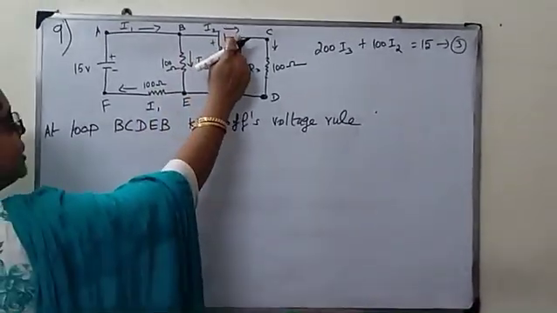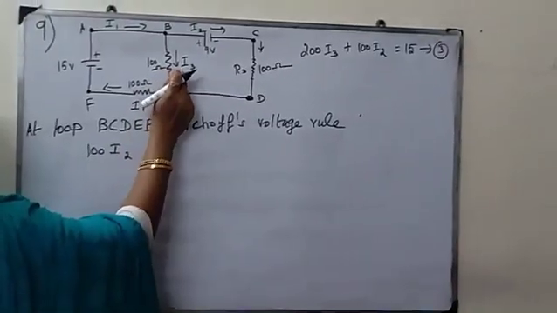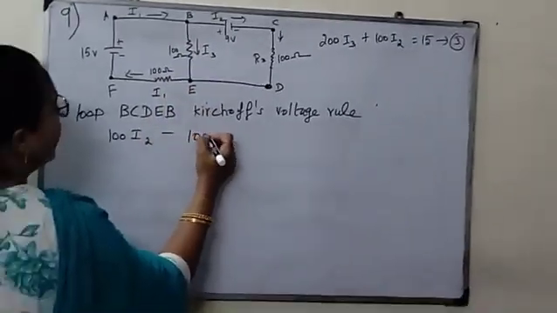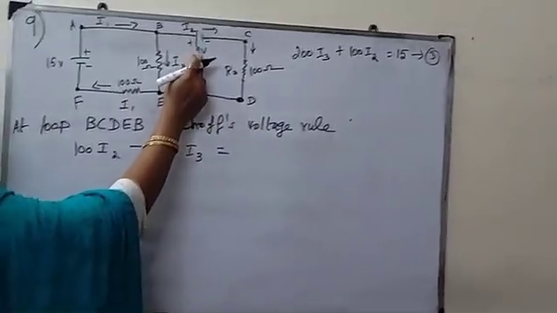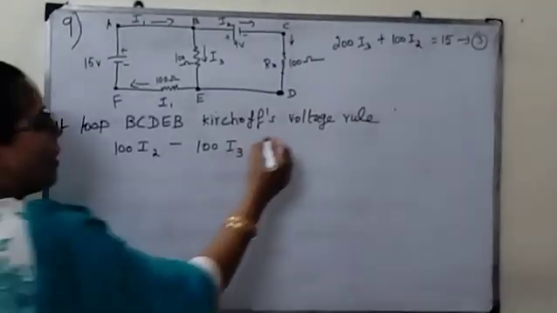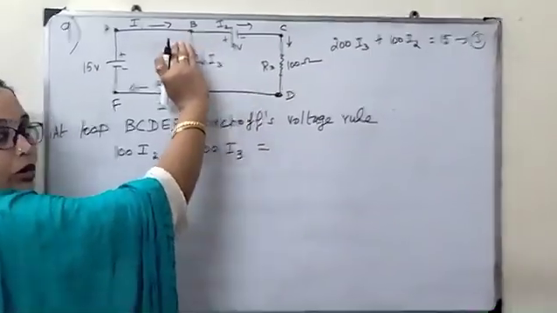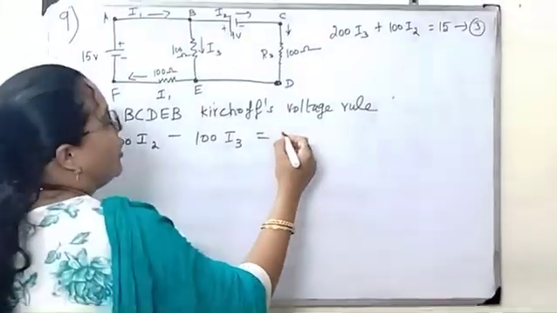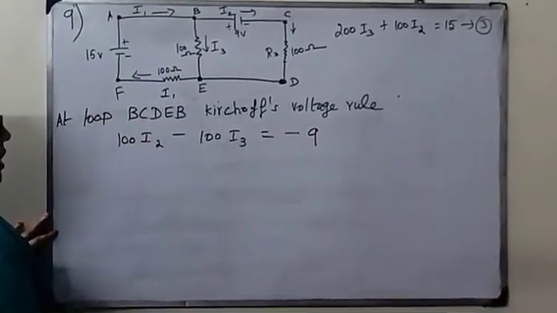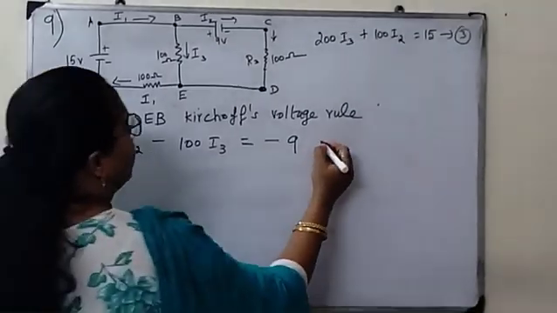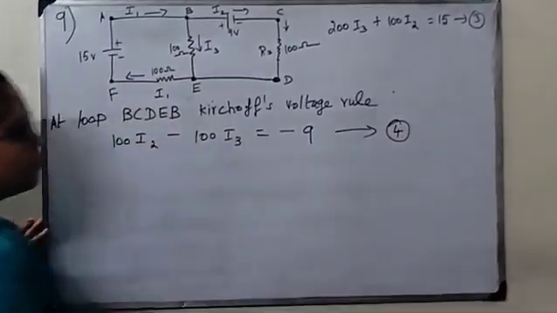So here you can consider 100 I2 but minus 100 I3 is equal to, if you just see the value of voltage, that is also minus, because this is going this side, opposite direction. It is not pointing towards B, it is away from B. So you can consider that one as minus 9. Is it clear children?